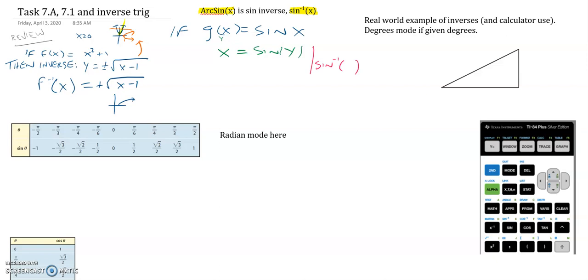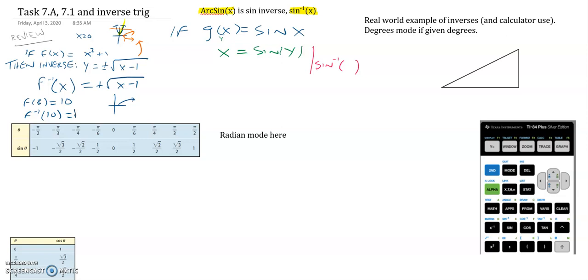As you might remember with regular inverses, if I was to plug and chug one value, say 3, check this out, I would plug it into the x squared plus 1 and you get 9 plus 1, or 10. Well, guess what happens when you do the inverse, you switch x and y and plug and chug the output. Look what happens when you plug the output, 10, into the inverse.